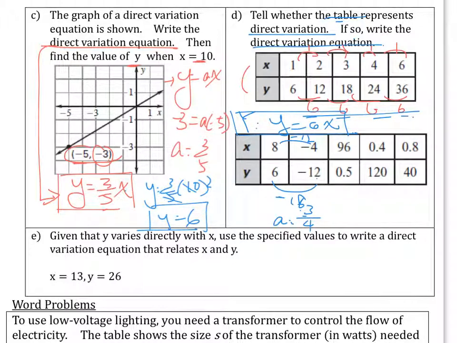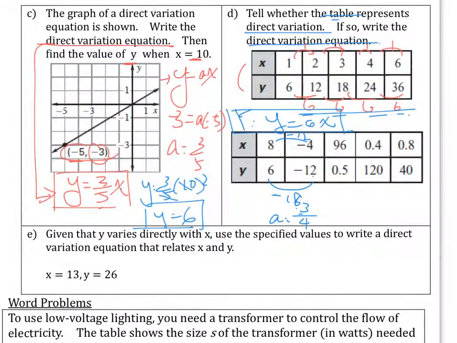And if we take the difference of 0.5 and -12, put it over 96 subtract -4, we get 12.5 over 100. And if we simplify this, we know that's not going to equal 3/4. So, no.